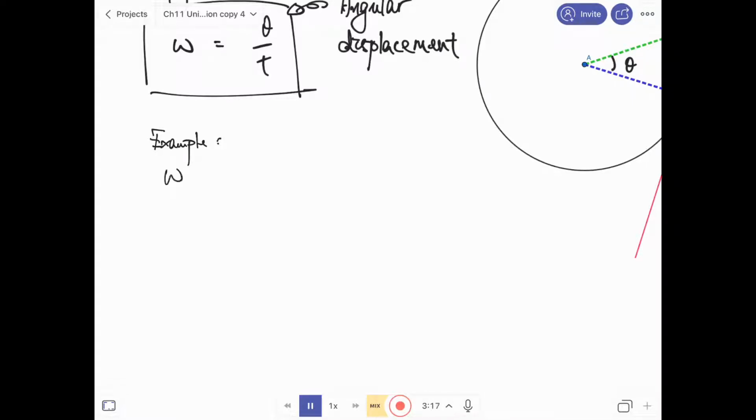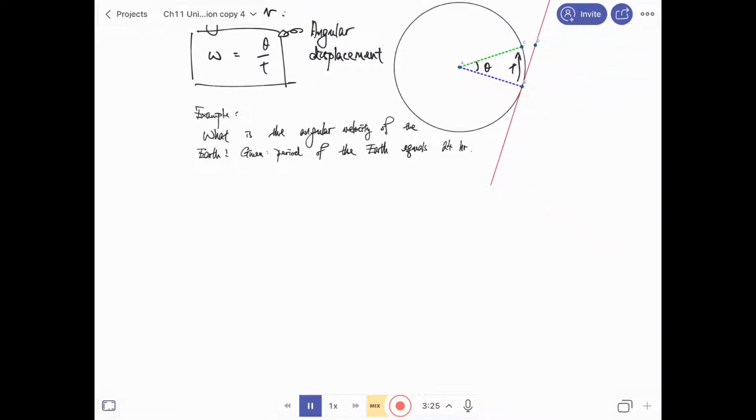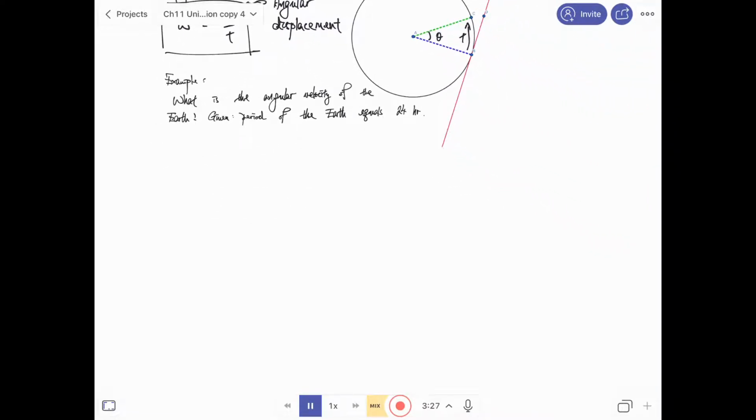Well, the Earth will complete 1 revolution in a day. So what is the angular velocity of the Earth? The answer is pretty straightforward. Well, in a day, the Earth rotates 360 degrees. But students should note that in circular motion, we will not make use of 360 degrees, but instead we will say it's 2 pi, and this is called the radian system.